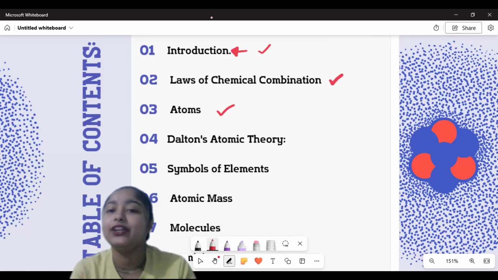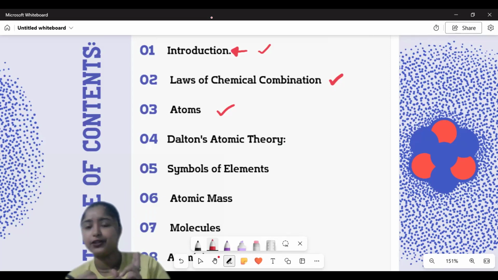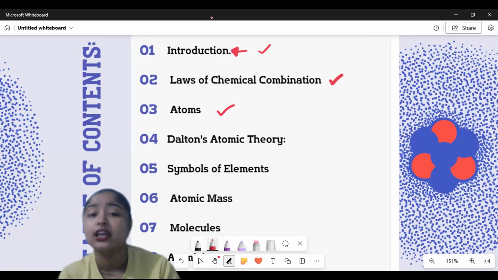After that we'll look at the atomic theories given by different scientists, and which theory we are opting for now. There are two similar chapters in this topic: atoms and molecules, and the next chapter, structure of the atom.